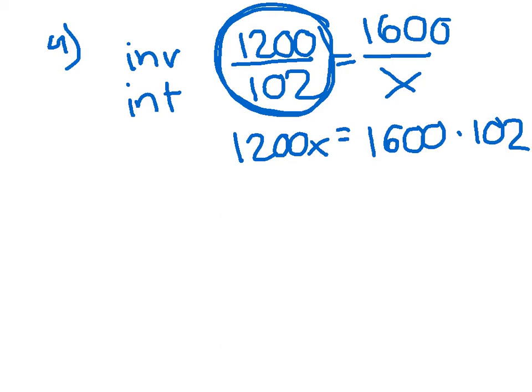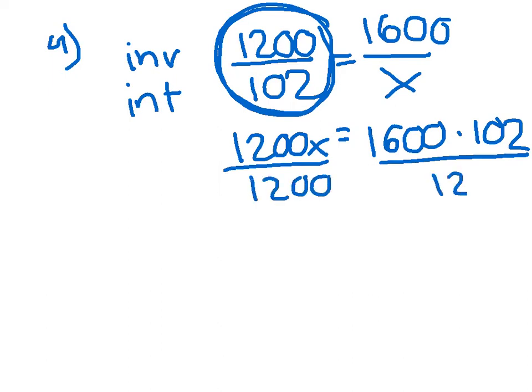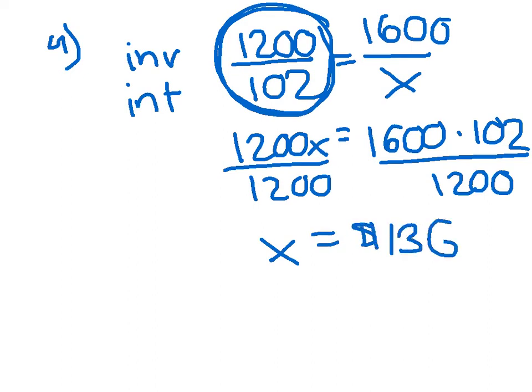And eventually, once you solve this, you'll divide both sides by 1,200, and x will be equal to $136. So these problems are actually a little bit easier than the ratio problems that we had in our last section of our notes and problems.